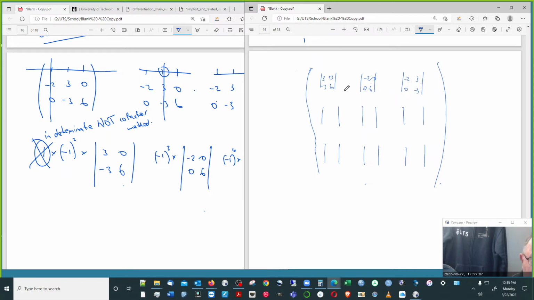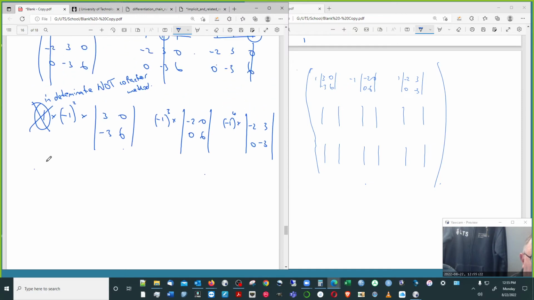Okay, and then what have we got? We've got 1, we've got negative 1, and 1. Now they are not the placeholders. Coincidentally, they're the placeholders, but down here we're going to go again. We're going to go 1, 1, 1, minus 2, 3, 0, 0, minus 3, 6, and now we're going to the next row.